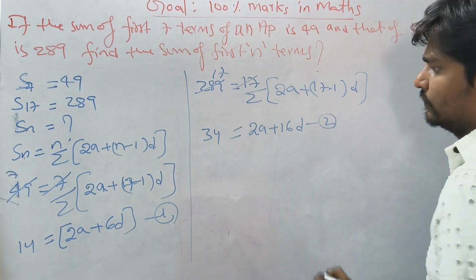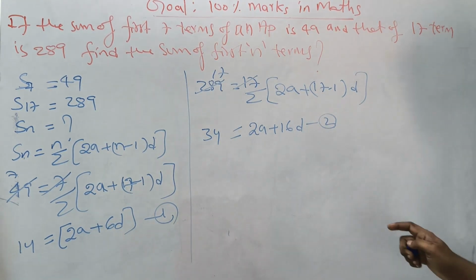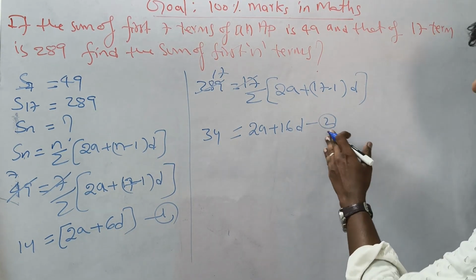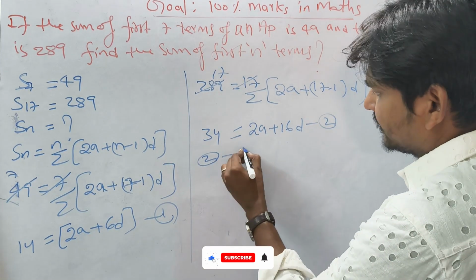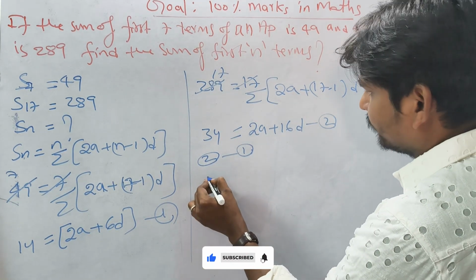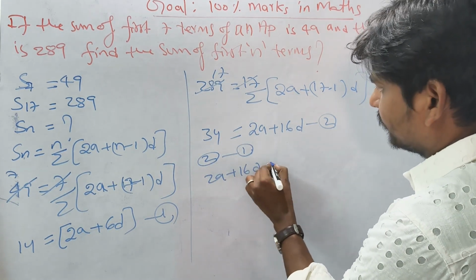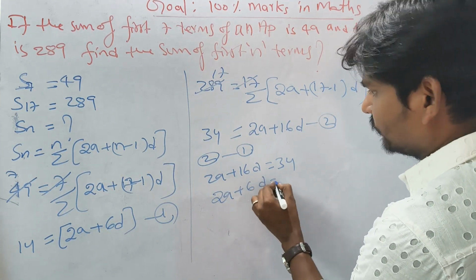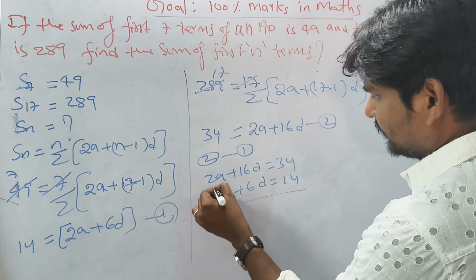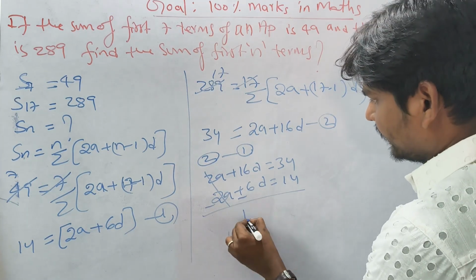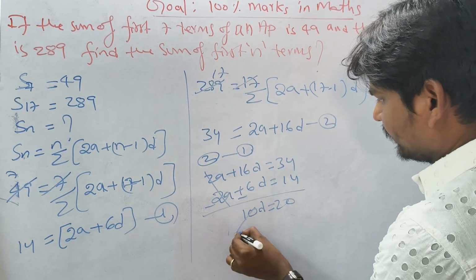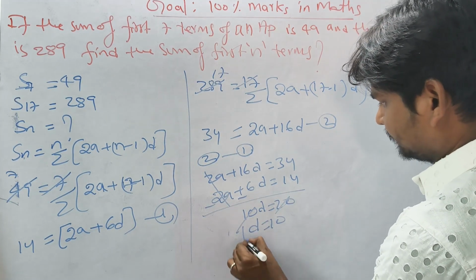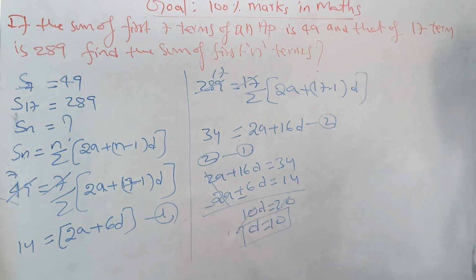This is equation 2. Now subtract equation 1 from equation 2: 2a plus 16d is 34, 2a plus 6d is 14, the 2a cancels, 10d is equal to 20. From this, d is equal to 2. Clear?